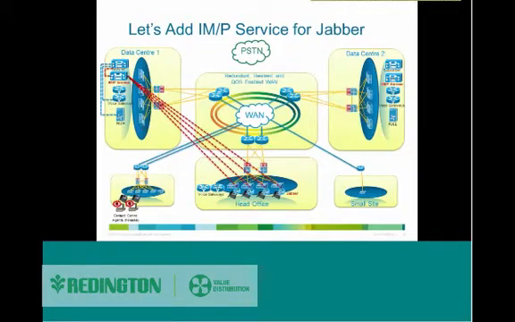These Jabber clients are registered with your IM and presence service, and these services in turn connect to your Call Manager, and it provides the same call functionality. The rules configured for the extensions or the users will be applied to the same Jabber tool.